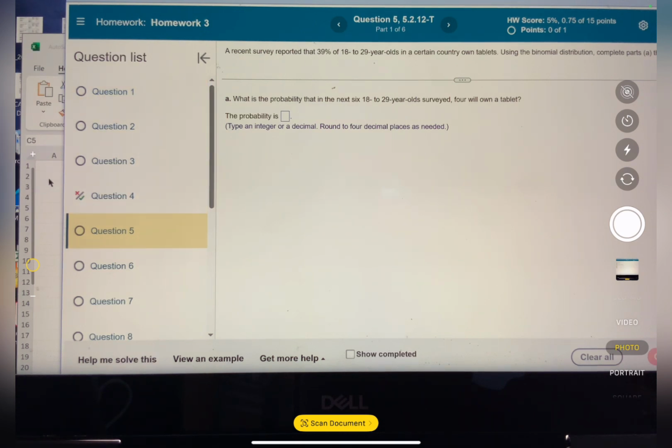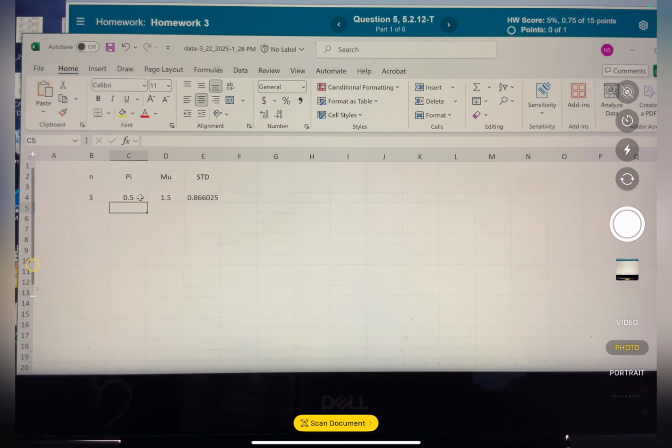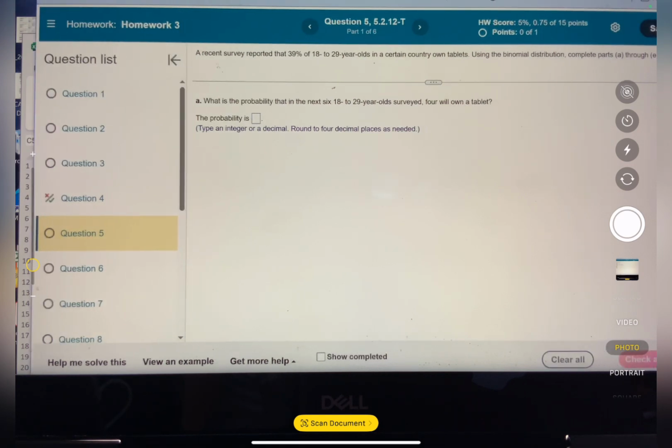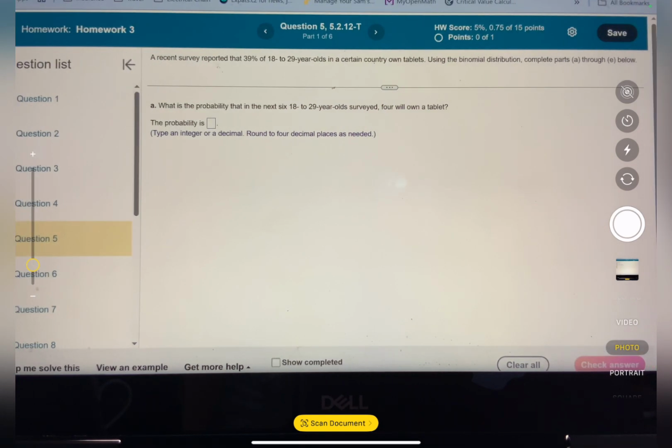So pi, I'm writing 0.39. All right. Next, using the binomial distribution, compute parts A through E below.